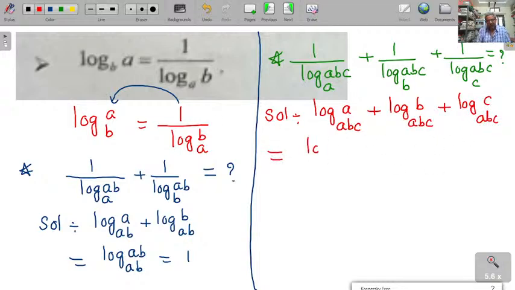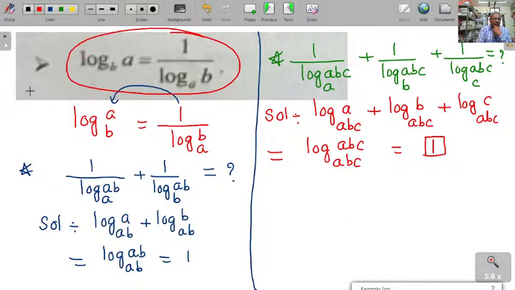How could you express logarithm of a into b into c? That is log of abc to the base abc. Obviously, what do you get? 1. So 1 is the right answer. Am I correct now? This is a very useful, important formula to be remembered. Very, very important formula. You need to remember this result also.